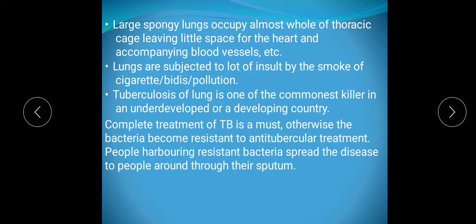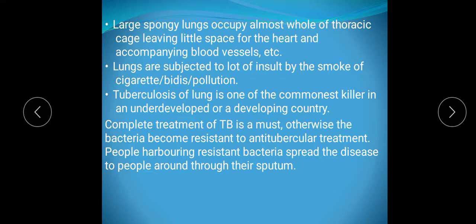The large, spongy lungs occupy the whole of the thoracic cage, leaving little space for the heart and accompanying blood vessels. The lungs are subjected to a lot of insult or injury by cigarette smoke, beedis and pollution. Tuberculosis of the lung is one of the commonest killer diseases in underdeveloped or developing countries.